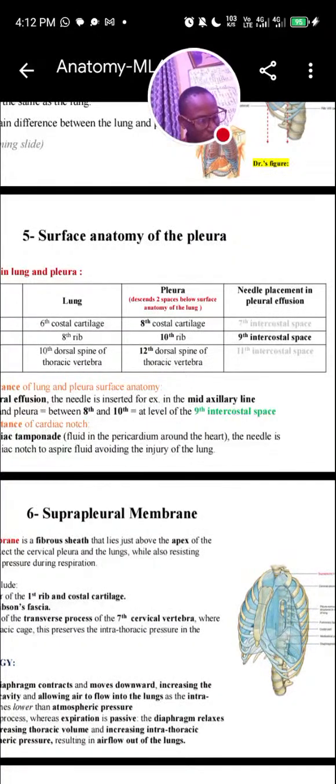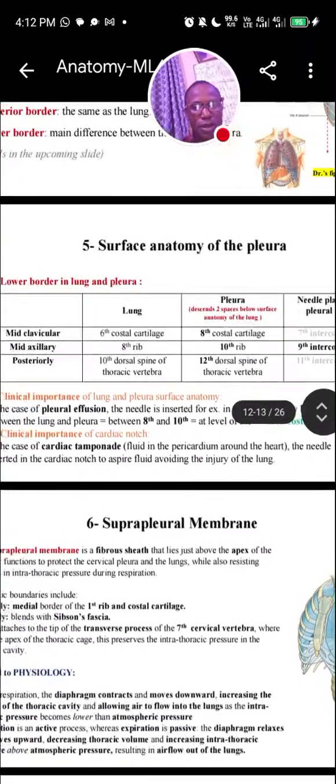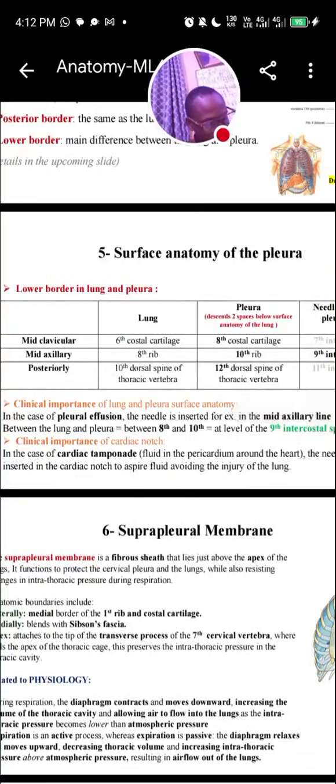If it is mid-axillary line, it's going to be 8th, ninth intercostal space. If it is posteriorly, it's going to be 11th intercostal space.